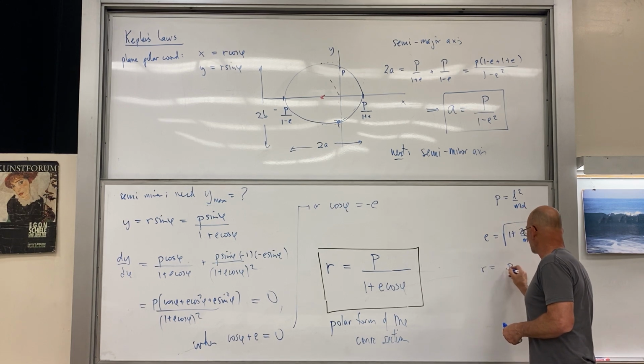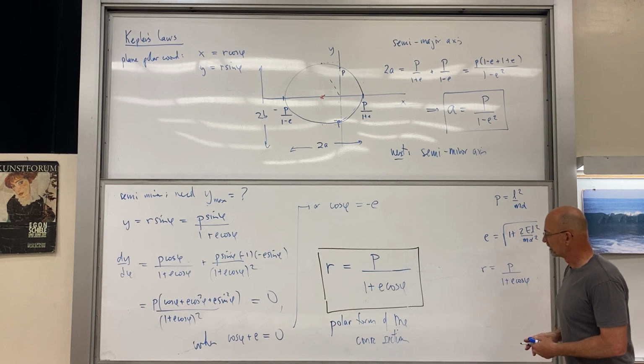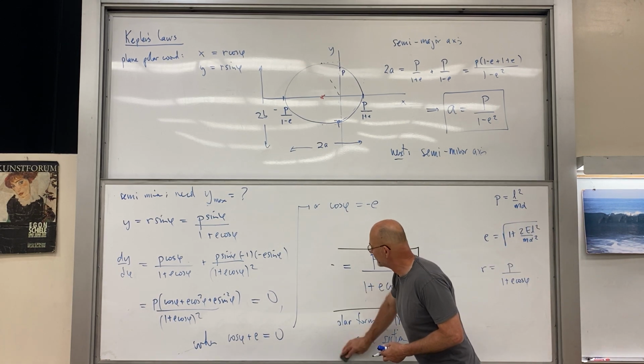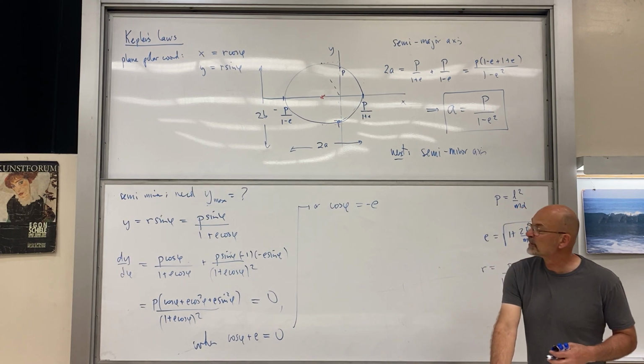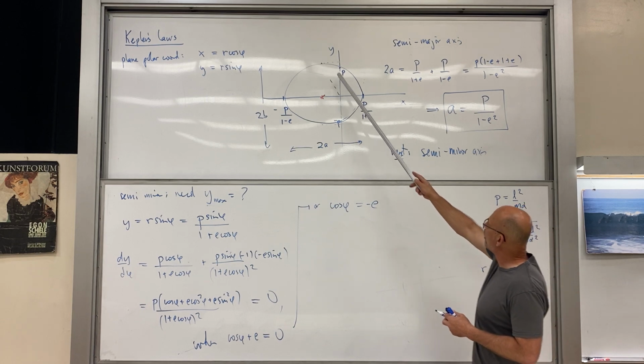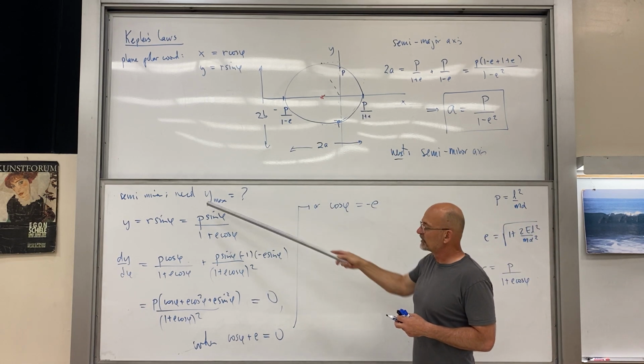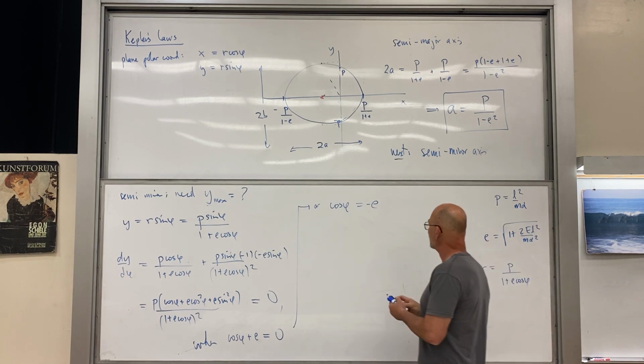So r is equal to p over 1 plus e cos phi. Okay. So we have everything up on the board here? Yes, we do. We're looking for y maximum.